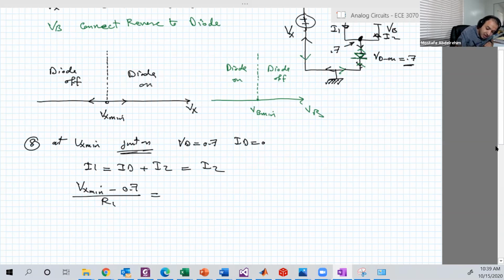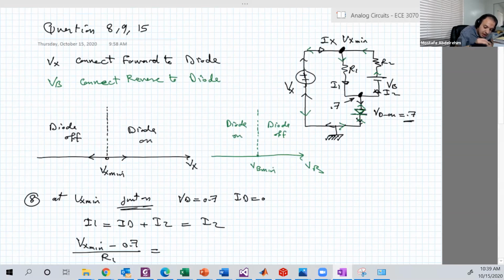That is equal to I2. What's I2? Now look, I2 is flowing upward from that point. So it's equal to that point minus this point over R2. So what is the voltage of that point? We have here 0.7 and we have here a battery of VB.